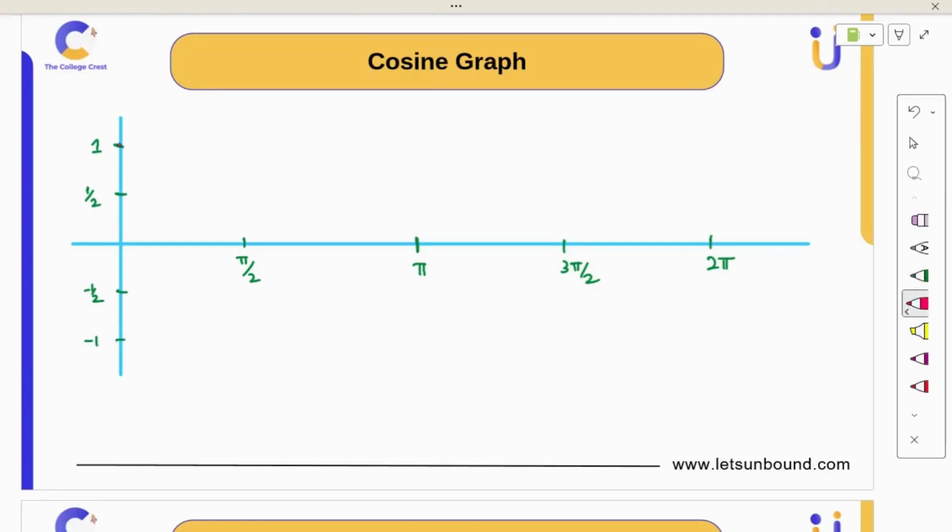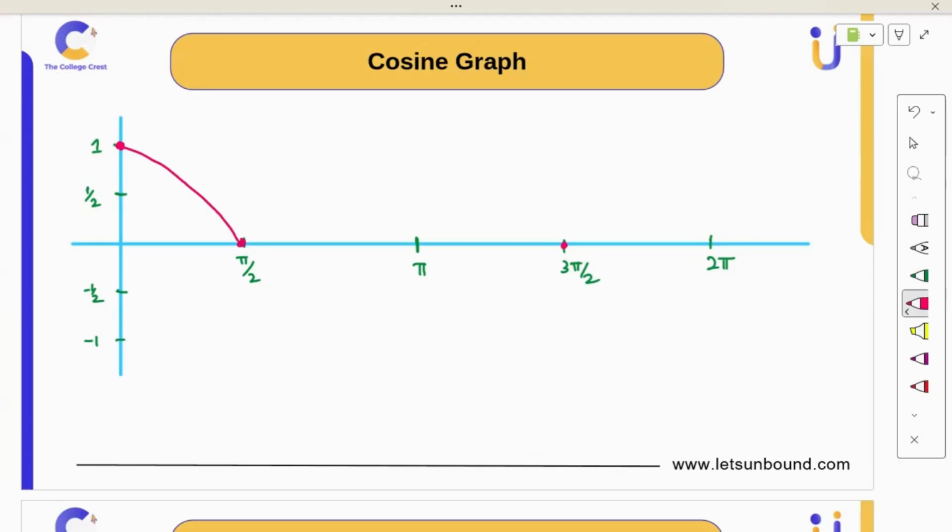For sine, the maximum and minimum occur at odd multiples of pi by 2, but now it's reversed. At pi, cos reaches its minimum. So it starts with the maximum, then it will decrease. At pi by 2 and 3 pi by 2, it will cross the x-axis.